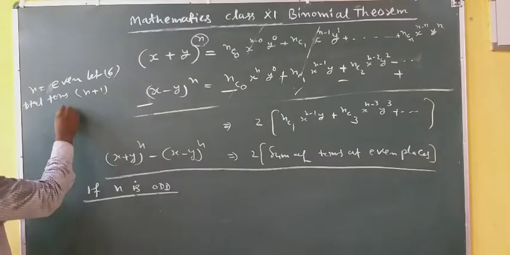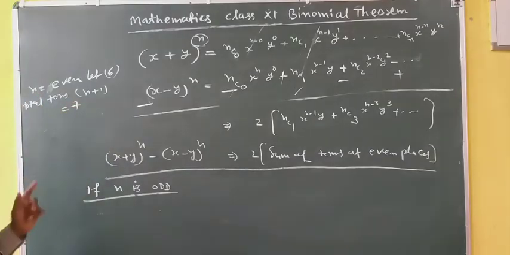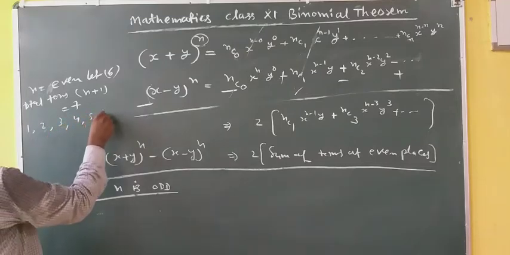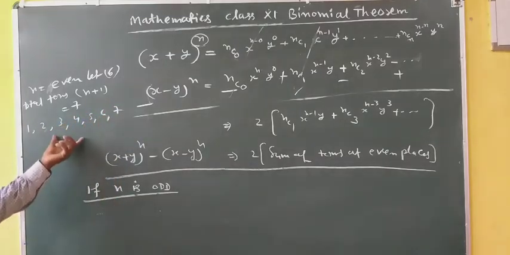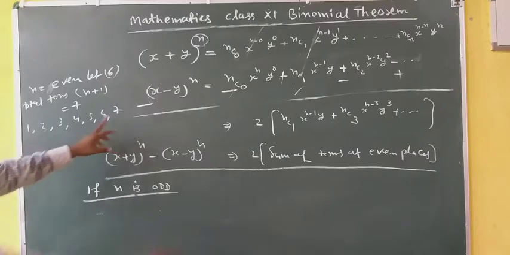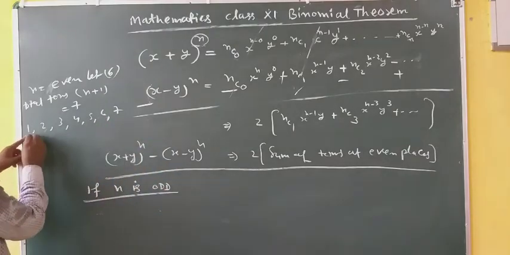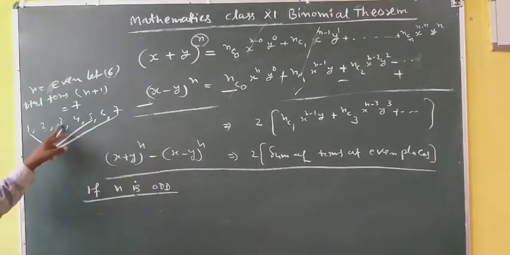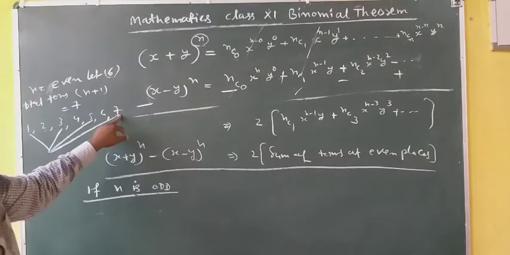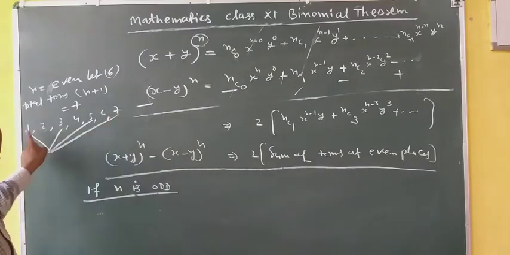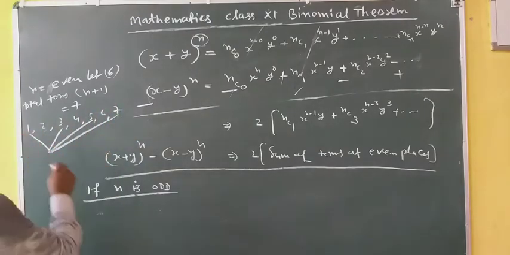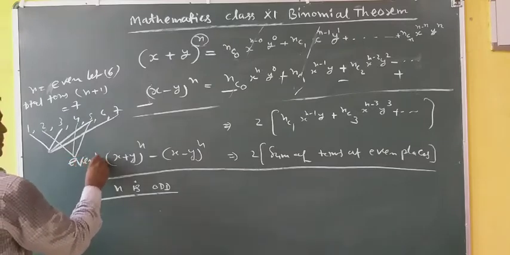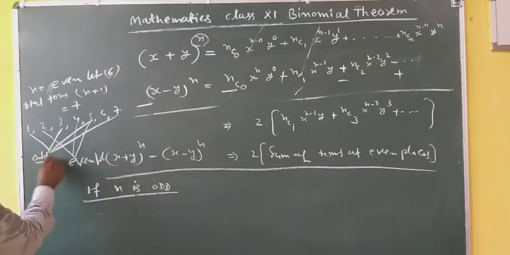Suppose 6 is here, then it will be 7. And in 7, see 1, 2, 3, 4, 5, 6 and 7. Very simple, 7 terms are there. So see this and this, there are 4 terms at odd places, while only 3 terms are there at even places.